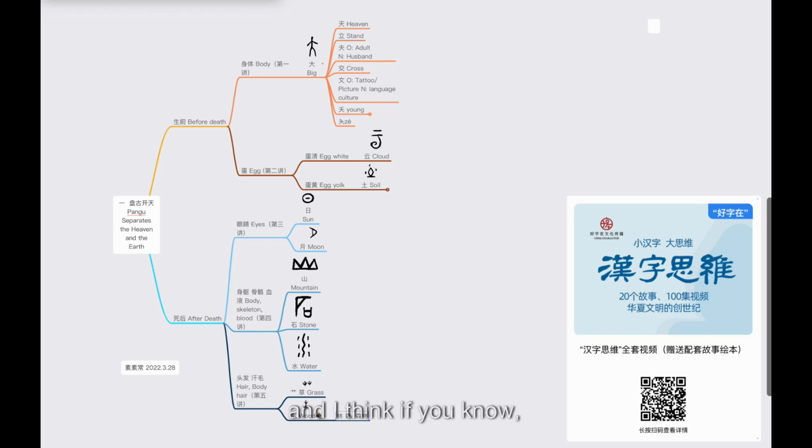And I think if you learn Chinese characters this way, you will find it's very easy to learn. It will help you to learn Chinese faster. Don't just rely on pinyin, because if you really want to read a book or go to China, you won't see pinyin a lot.